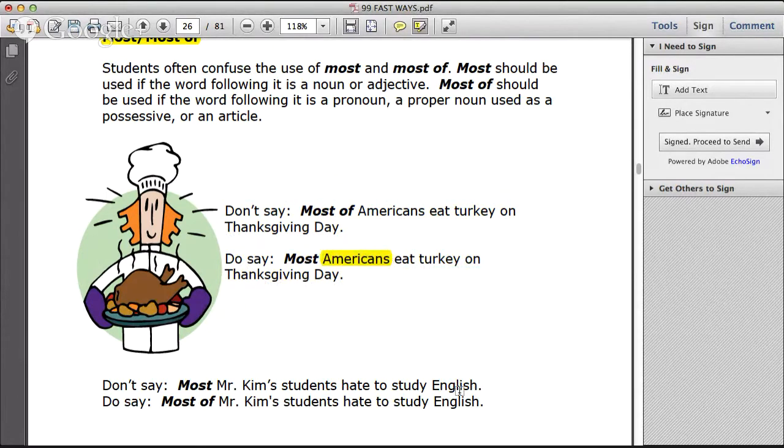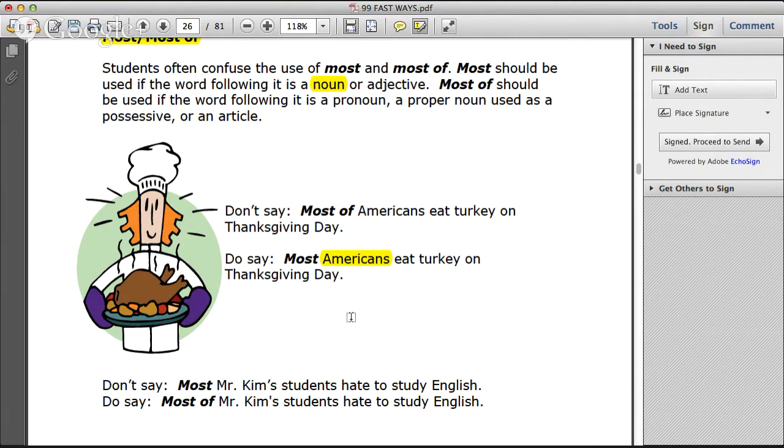What is Americans? People from the United States. It's a noun. That's why. I do hear this quite often: most of Americans. We do not say that. Most Americans, if this is a noun or an adjective.